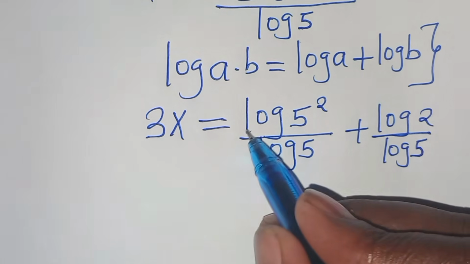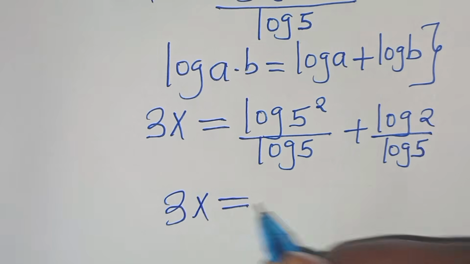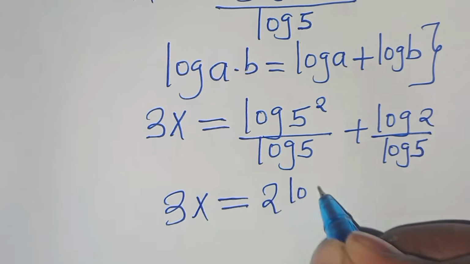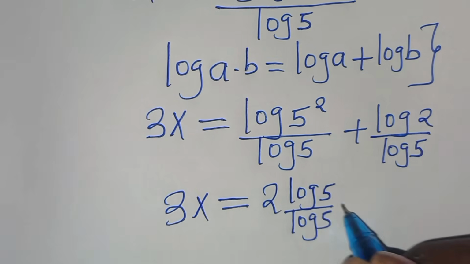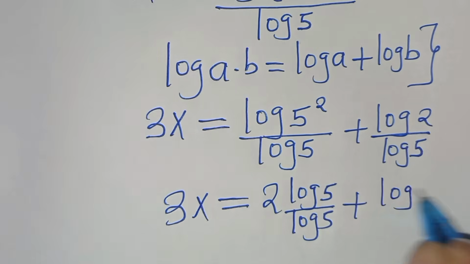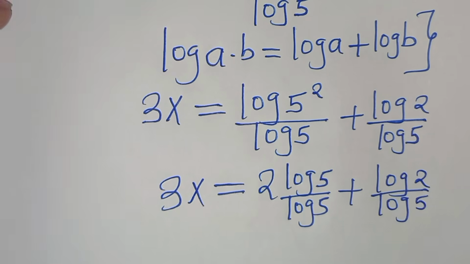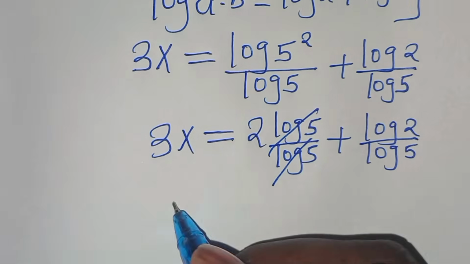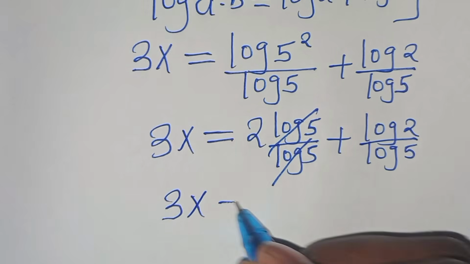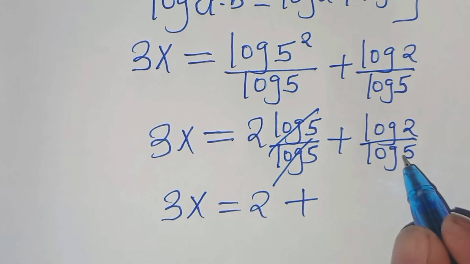Now, let's apply the power log property so that we have 3x. This is equal to 2 log 5 divided by log 5, then plus log 2 divided by log 5. Now we can simplify log 5 and log 5 here so that we have 3x. This is equal to 2 plus log 2 over log 5.